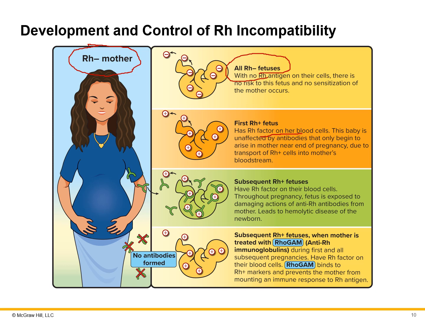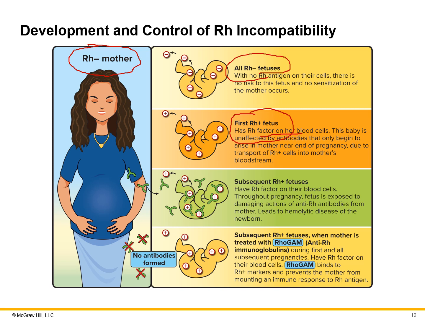So there's no risk of the mom seeing the offspring or the fetus as foreign because they're both negative. However, what can happen is if they have one child who is RH positive, then that fetus is going to have that RH factor on their red blood cells.